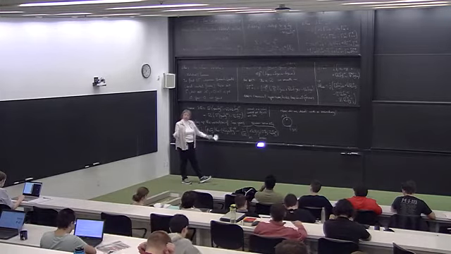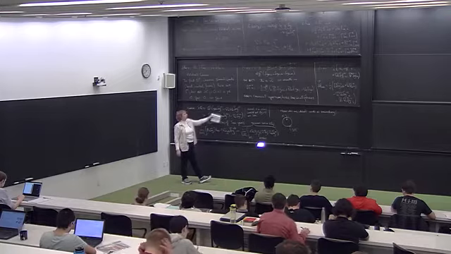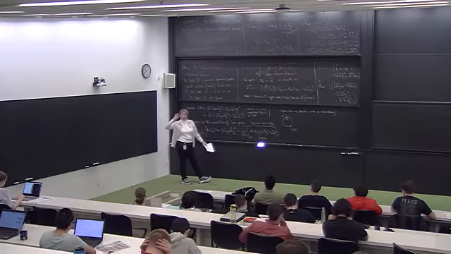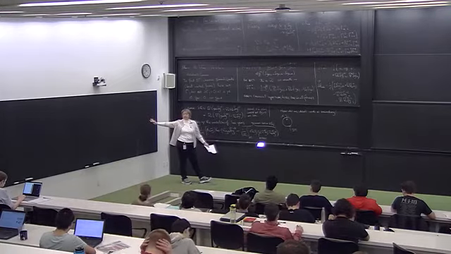And an r equals constant surface, we can get the metric of that by simply covering up the dr squared piece.